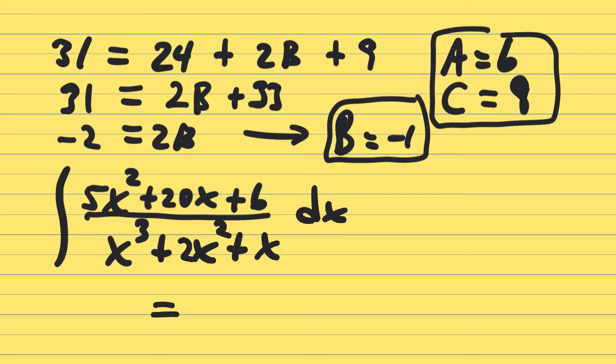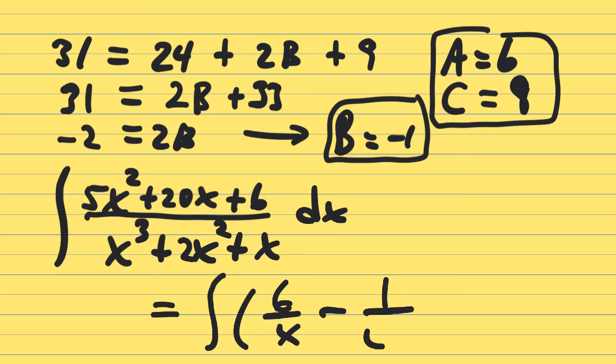And that can be rewritten due to our decomposition: 6 over x minus 1 over x plus 1 plus 9 over x plus 1 squared.